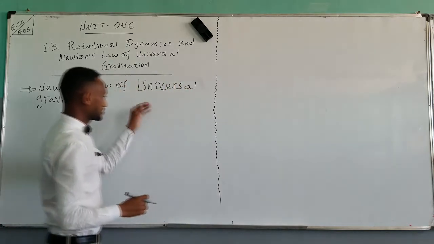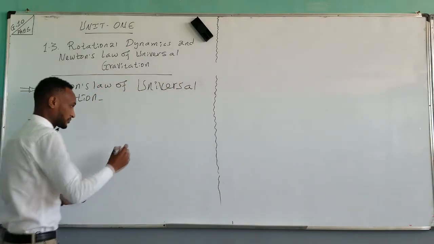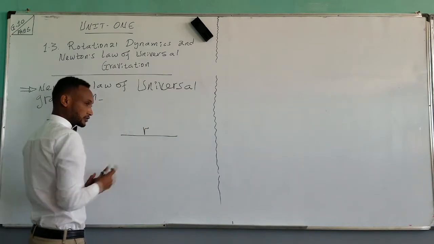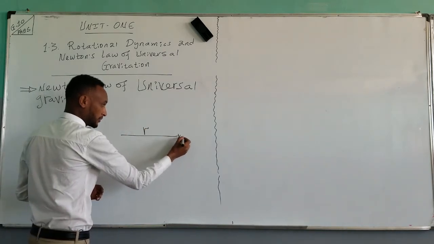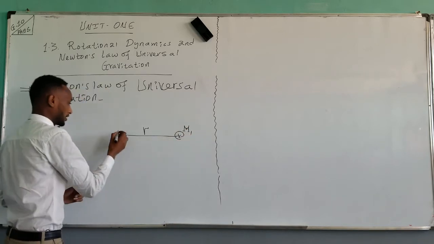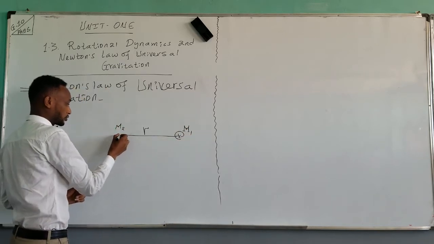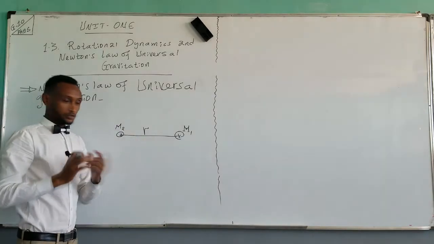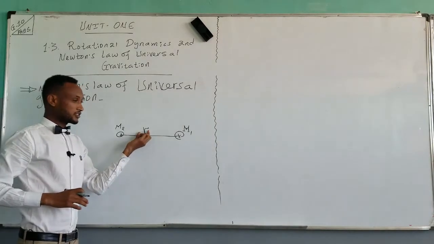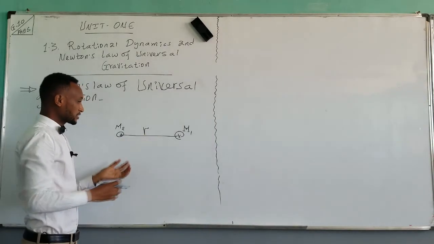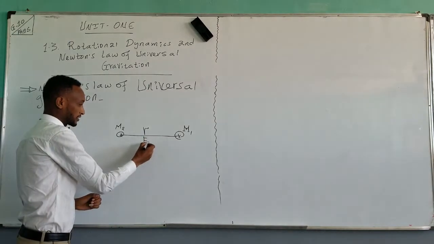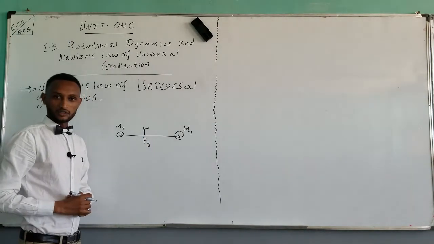If you take two masses in the universe, mass 1 and mass 2, separated by a distance r, there is a force which attracts them to each other, which we call the gravitational attraction force.